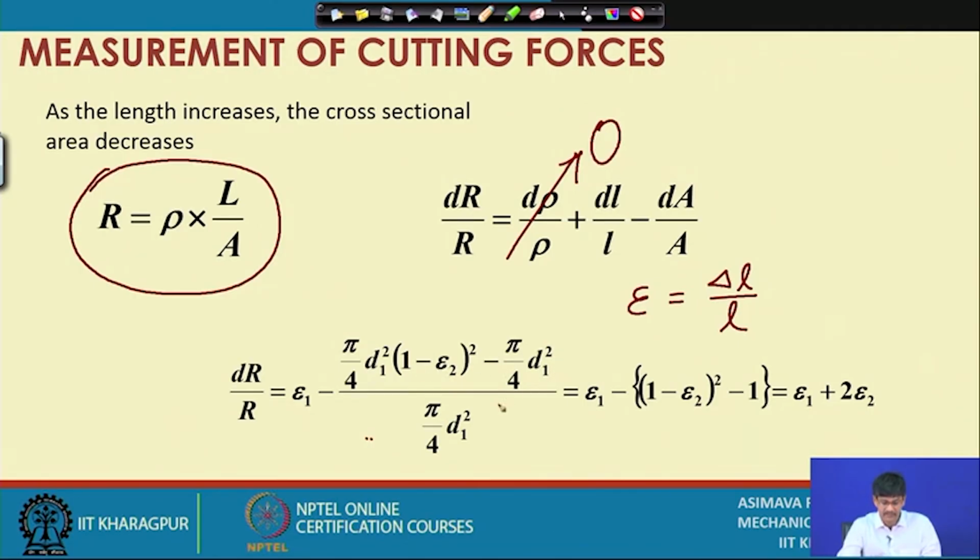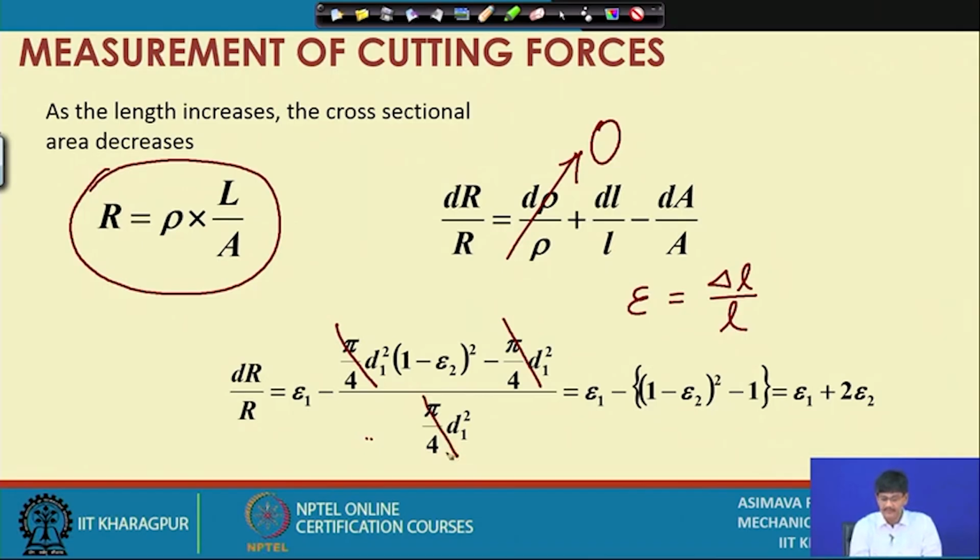So, change in area divided by original area, and naturally as d1 square is there, d2 square is equal to this thing, we get 1 minus epsilon 2 whole square, and from here we get 1. This thing cancels out.